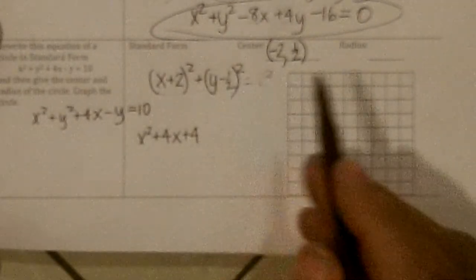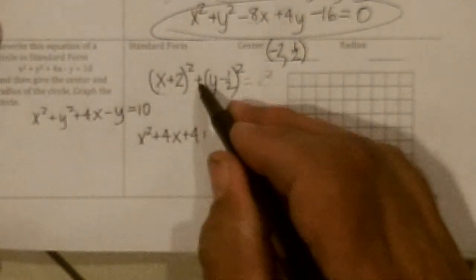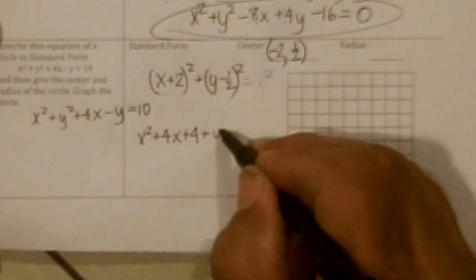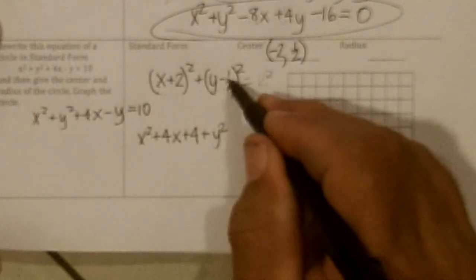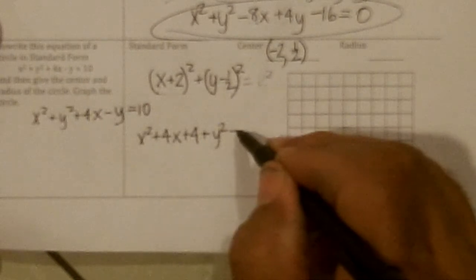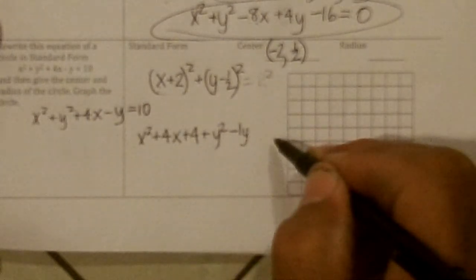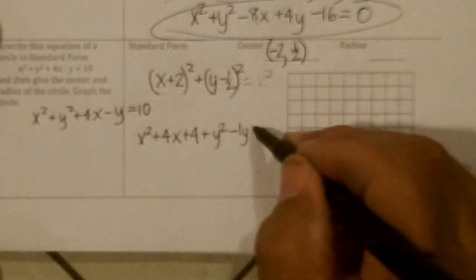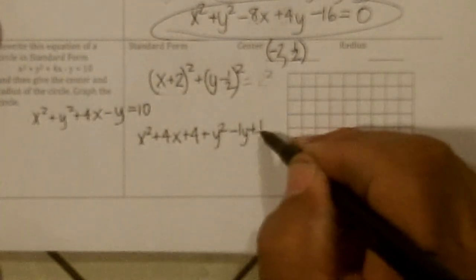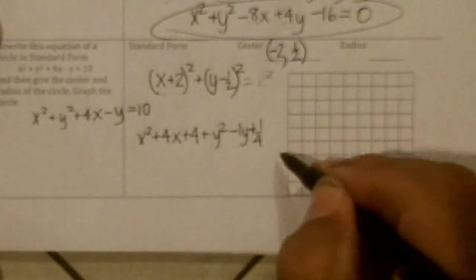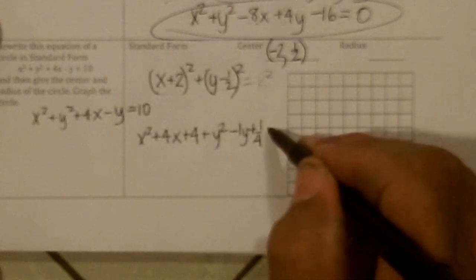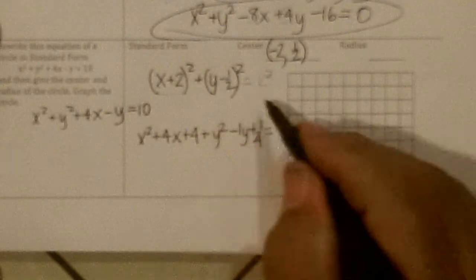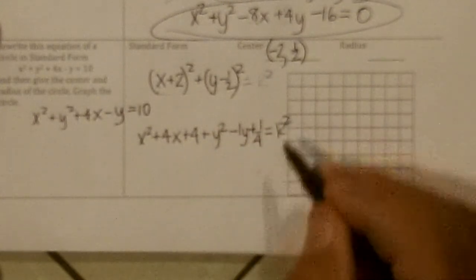Multiply it out like you did this one, but with x plus 2. (y - 1/2)² is y squared, minus 1/2 y minus 1/2 y is minus 1y, and minus 1/2 times minus 1/2 is plus 1/4. That's supposed to equal r squared.